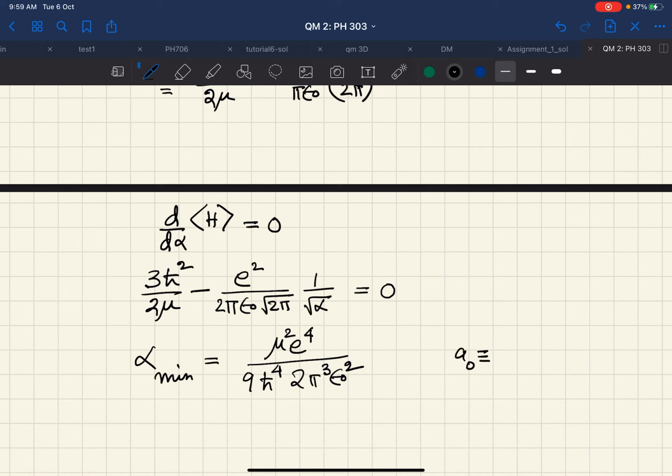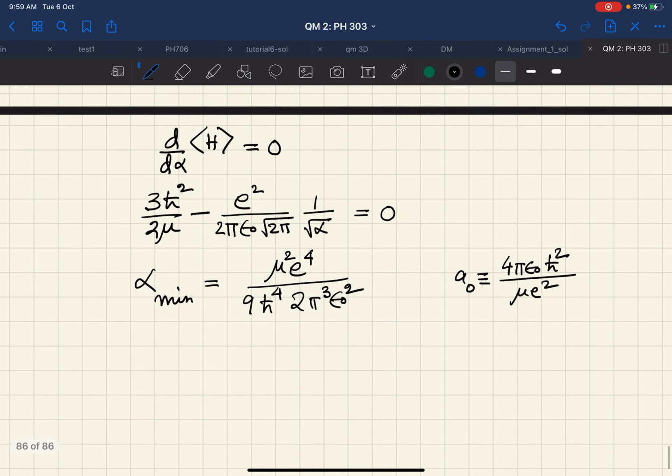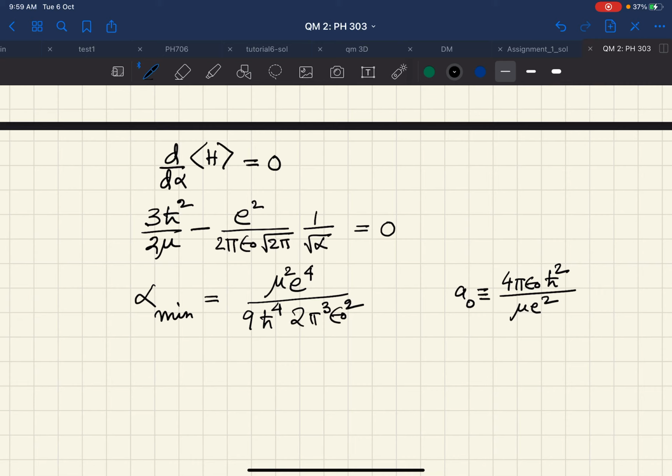Bohr radius a naught in terms of h bar squared and epsilon naught and mu and e is going to be of this form, 4 pi epsilon naught h bar squared by mu e squared. So if you replace these quantities, alpha minimum in terms of a naught should come out to be 8 by 9 pi a naught squared.